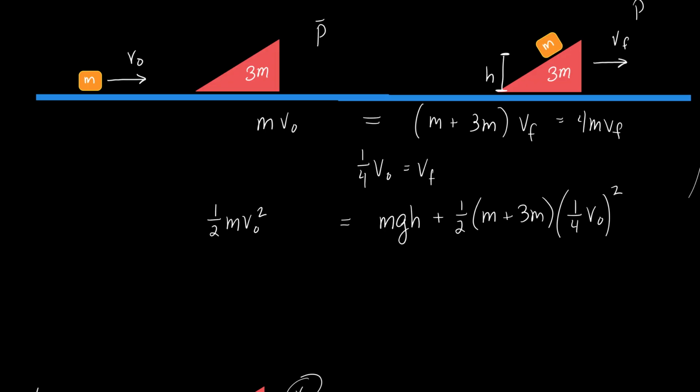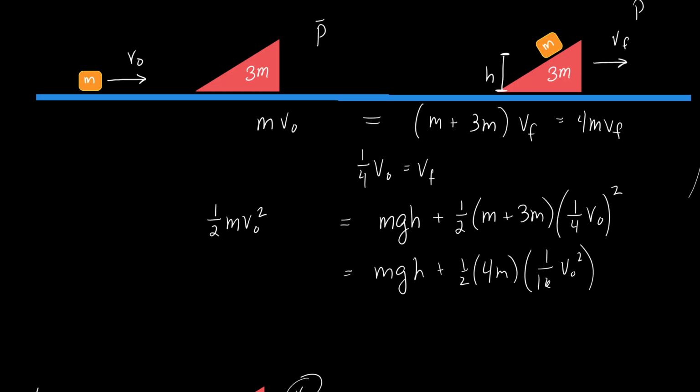We good there? Okay. This will be 4m and 1/16 v naught squared, right? So that's going to end up being 1/8 mv naught squared, right?